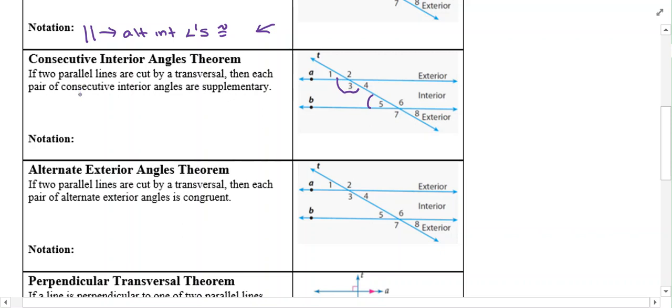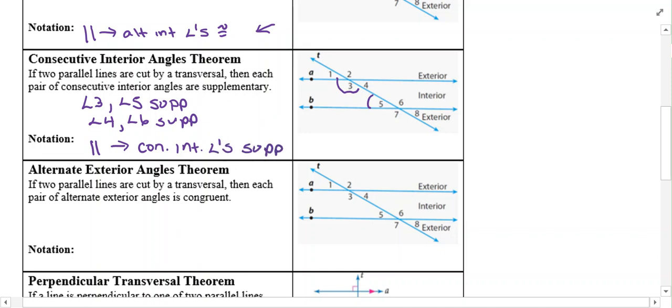So we have that angle 3 and angle 5 are supplementary since the two lines are parallel, and angle 4 and angle 6 are supplementary since the two lines are parallel. Our notation for that is parallel lines give us that consecutive interior angles supplementary.